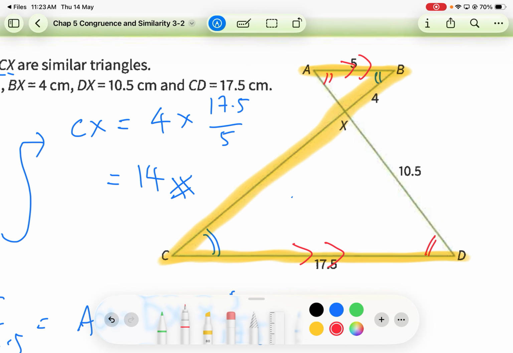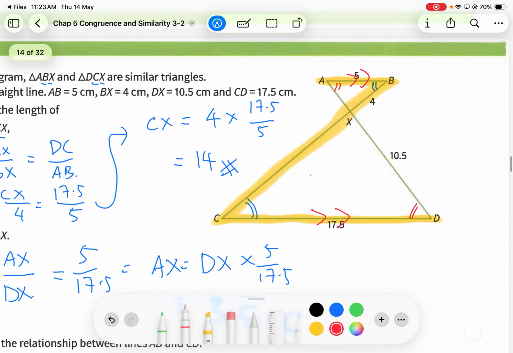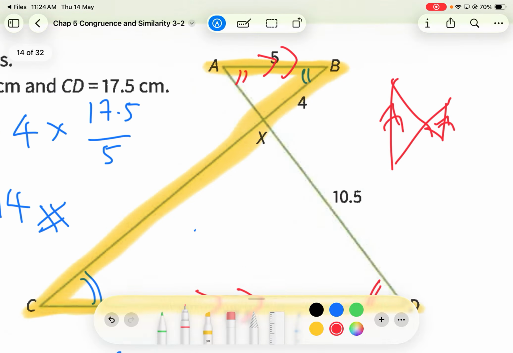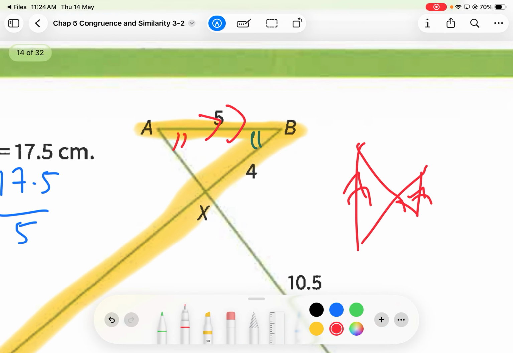Okay? The vice versa is true. Meaning, if they tell you you have a shape like that, and these two straight lines are parallel, then these two triangles will always be similar.